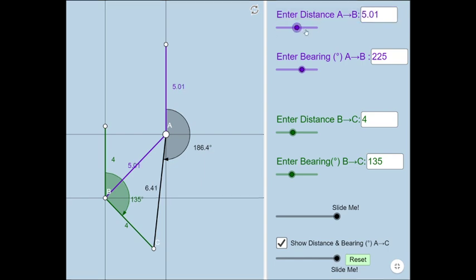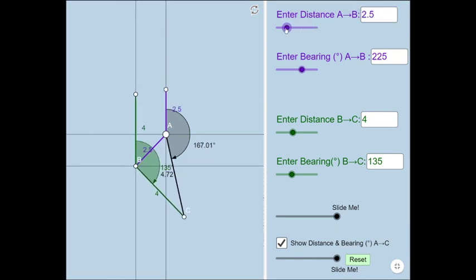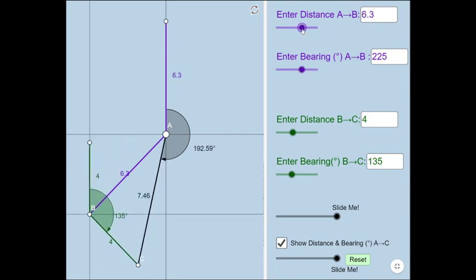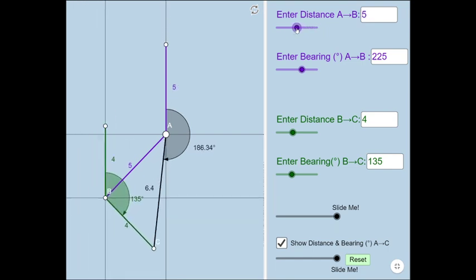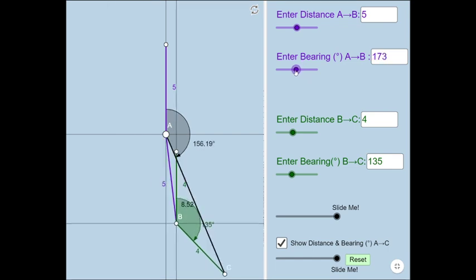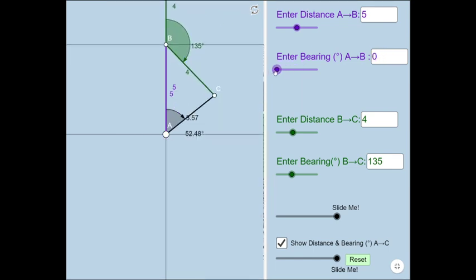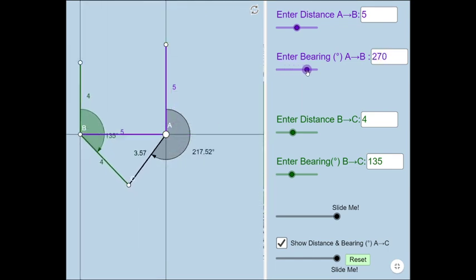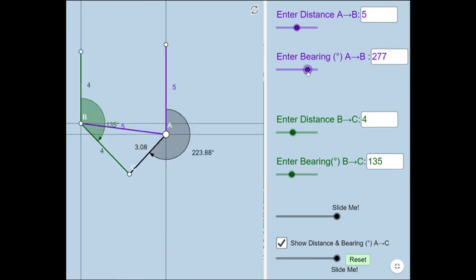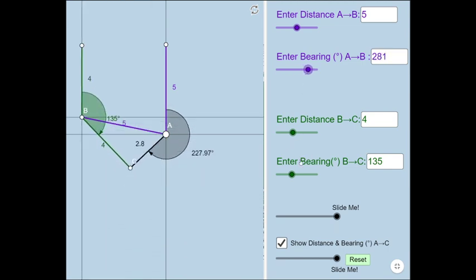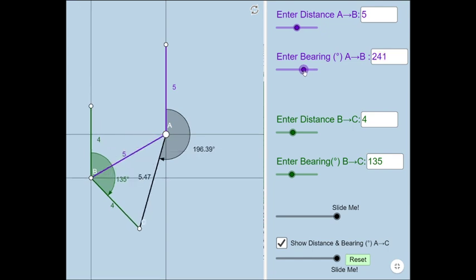Now you can play around with this if you like. If you notice, as I change the thing, the whole thing changes along. No matter what bearing I put for A to B, the bearing from B to C does not change.